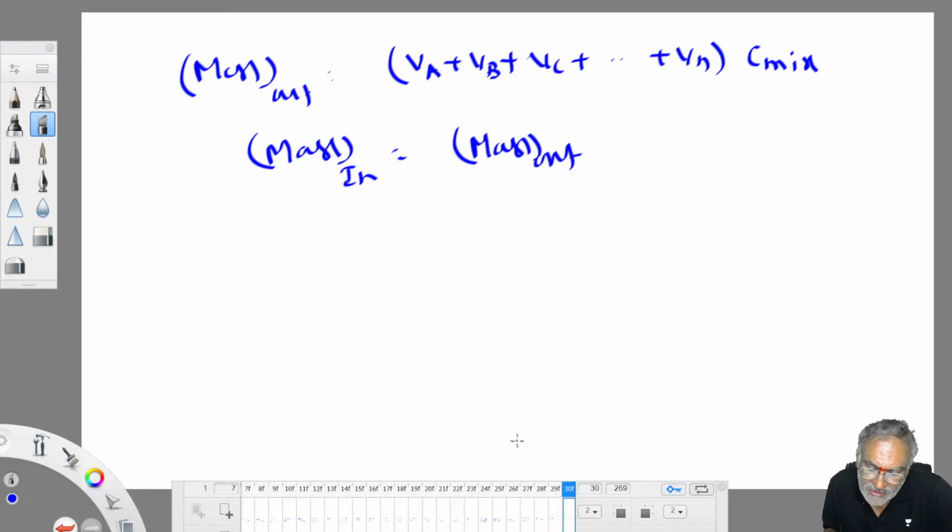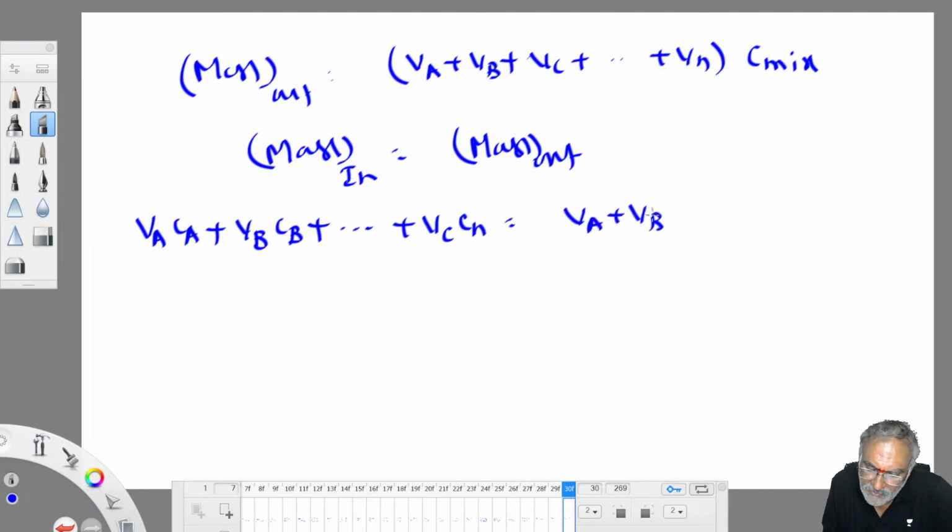Mass is neither created nor destroyed. Mass balance equation it is around the container. Mass in must be equal to mass out. Therefore VA into CA plus VB into CB dot dot dot VN into CN is equal to VA plus VB plus VC plus dot dot dot VN into C mix.